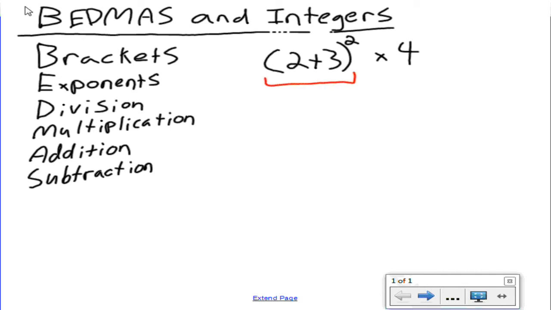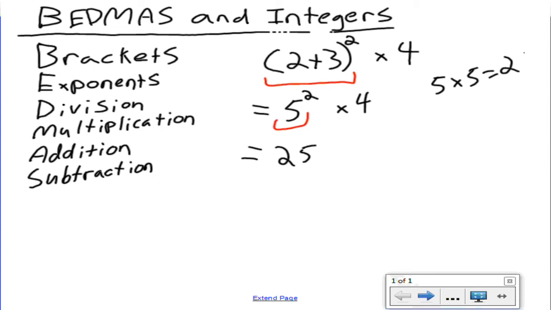So our next line reads, 2 plus 3 is 5. You still have the squared up there, squared times 4. After brackets come exponents. So you do the 5 squared next. 5 squared is 25 because 5 times 5 equals 25. We're multiplying that by 4. Our final answer is going to be 100.